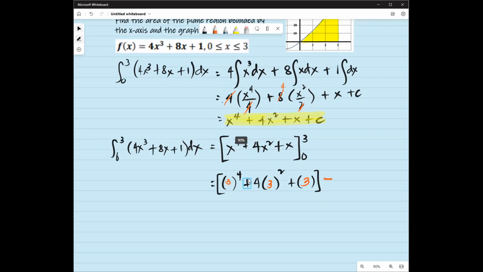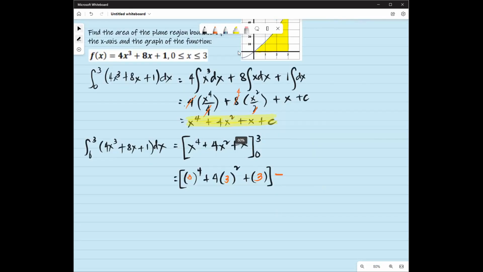Minus, after that, the 0. Oh, 0 is a lot easier. So let me just write all the formats: 0 raised to 4 plus 4 times 0 squared plus 0, close bracket.